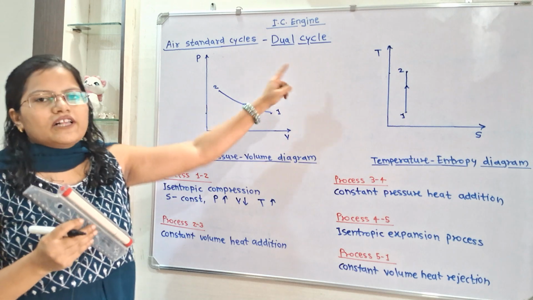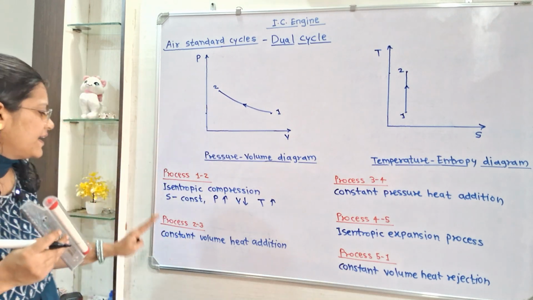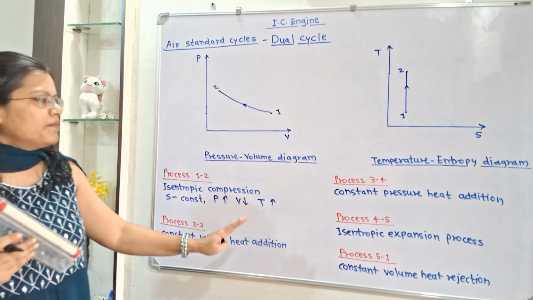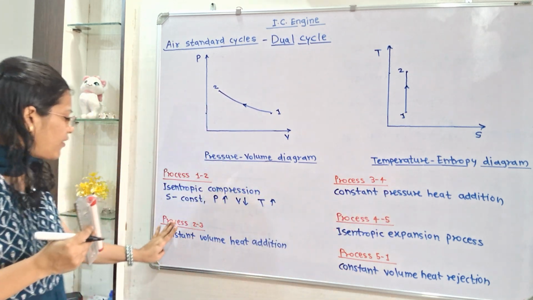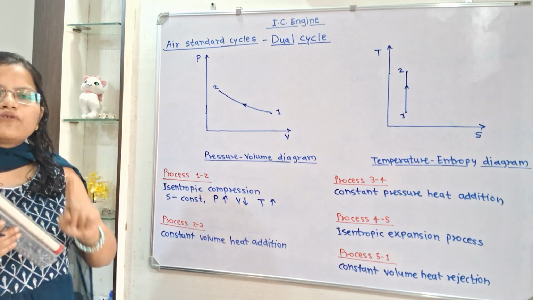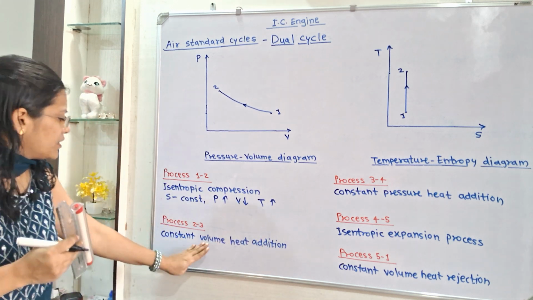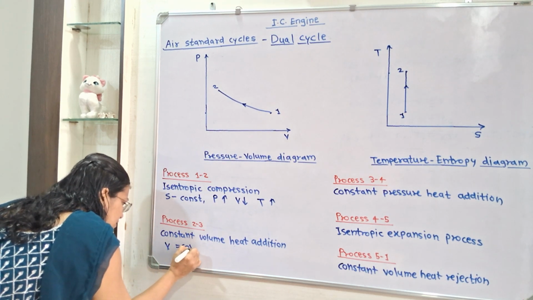Now this is the dual cycle where the heat addition process takes place at constant volume as well as at constant pressure. So we will first take this constant volume heat addition. So for this process V will remain constant.